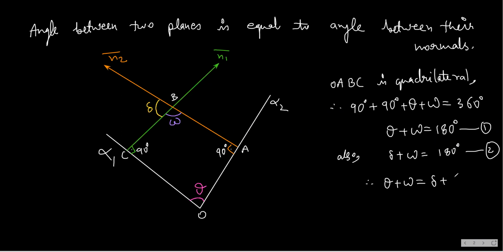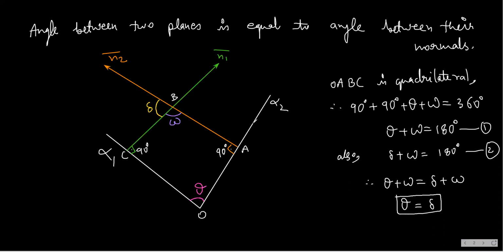Definitely yes. So what you have is theta equals delta. What was theta? Theta was the angle between two planes. And delta is the angle between N1 bar and N2 bar. You can check here.